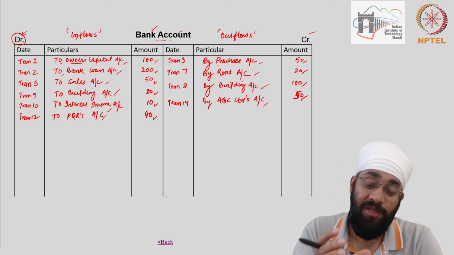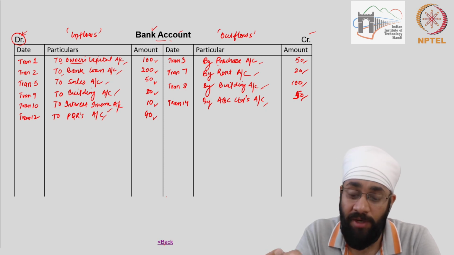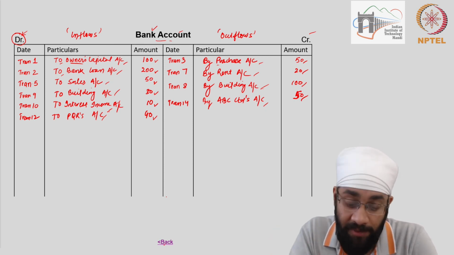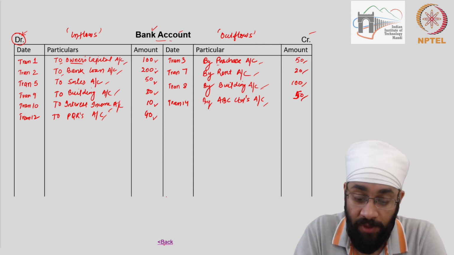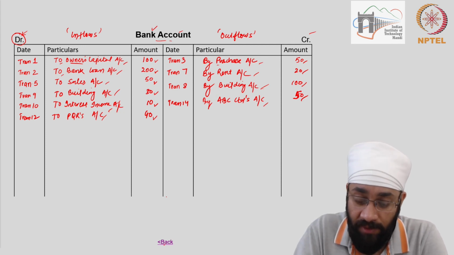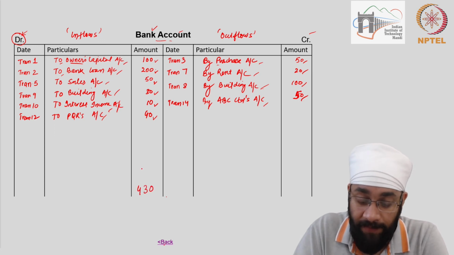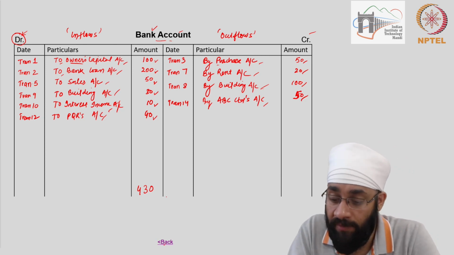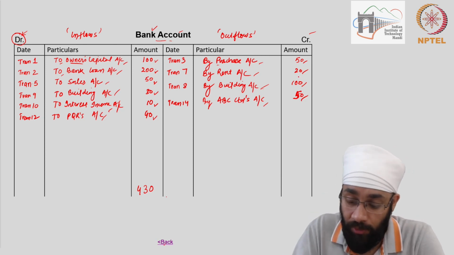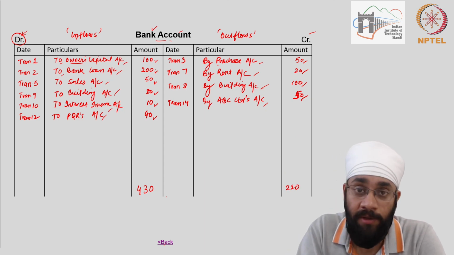Now that you know the inflows and outflows, you can easily figure out what is the remaining amount. So all we have to do is just sum this up. So you've got 350, 380, 390, and you've got 430 as the total amount on this side. On the other hand, you have 150, 70, 220. So 220 is the total on the credit side.